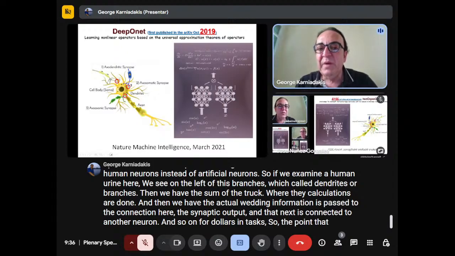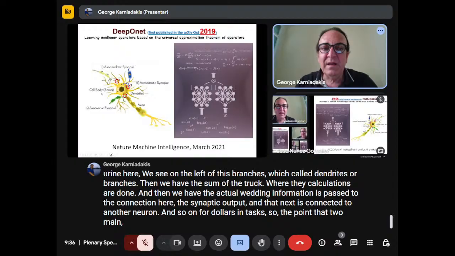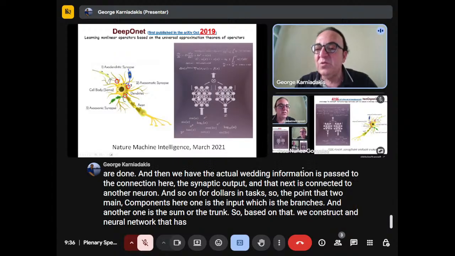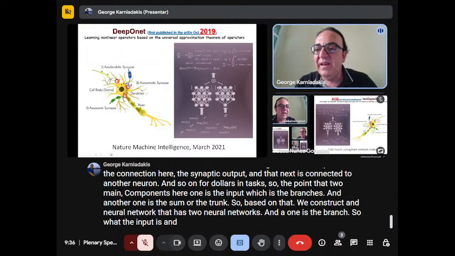So the point is, there are two main components here. One is the input, which is the branches, and another one is the soma or the trunk. So based on that, we construct a neural network that has two neural networks. One is the branch, so that is the input, and the other is the trunk, where the computation is done.